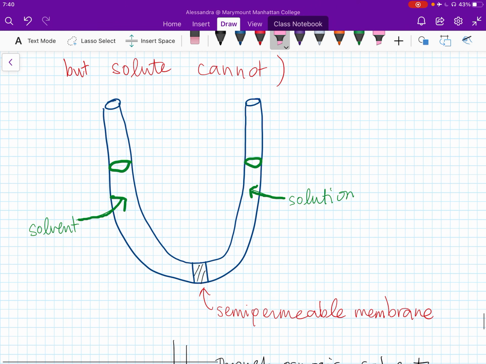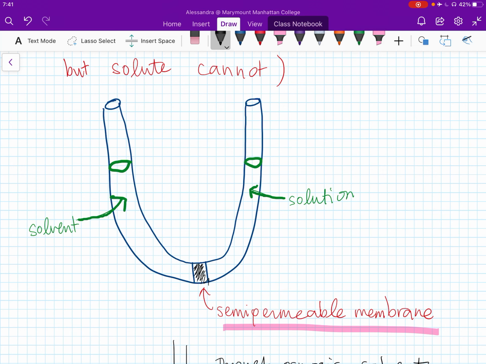The large macromolecule cannot pass through the semi-permeable membrane, but the small solvent molecules can. Okay, so imagine we have a U-shaped tube. We have this semi-permeable membrane here, and solvent molecules can pass through the membrane, but solute cannot.